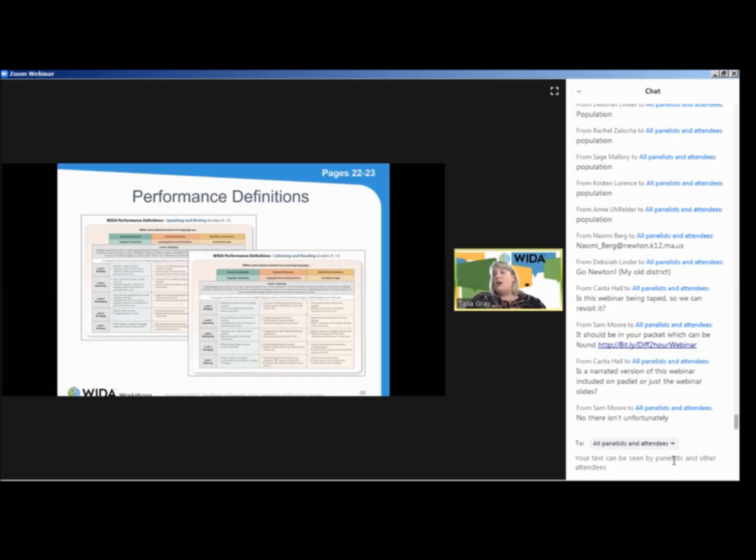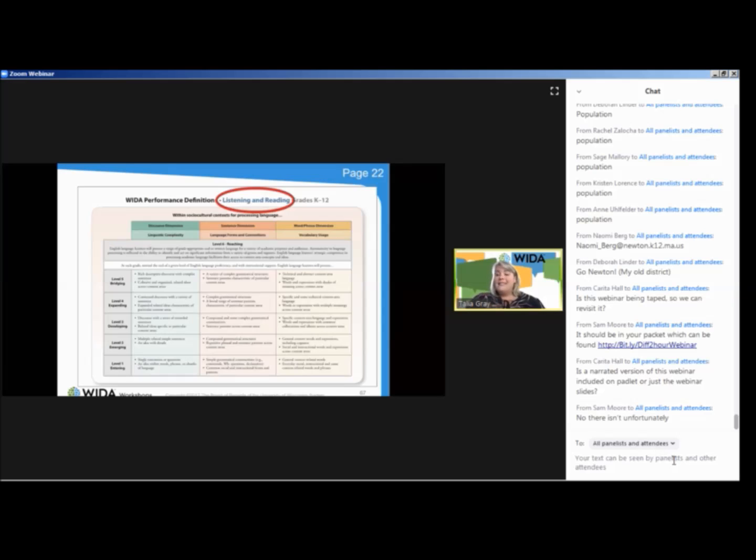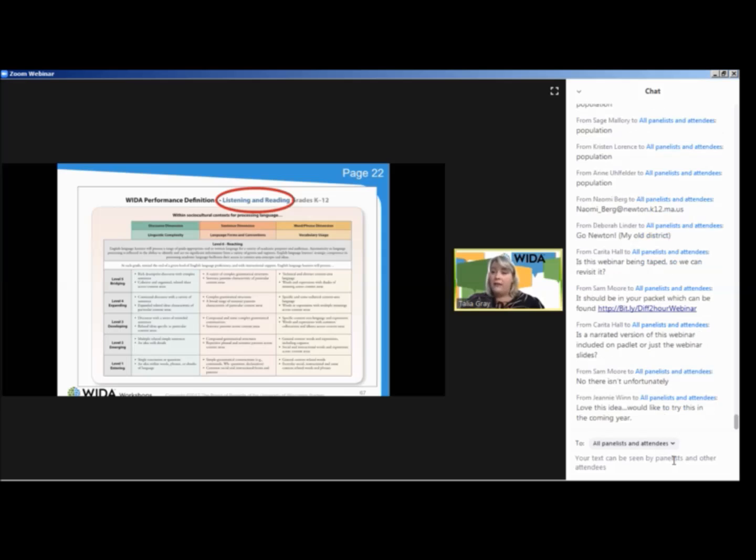These are separated into receptive and productive domains. So here you see on page 22, this is the listening and reading performance definitions. Now, these go from kindergarten to 12th grade. So they're a little broad.